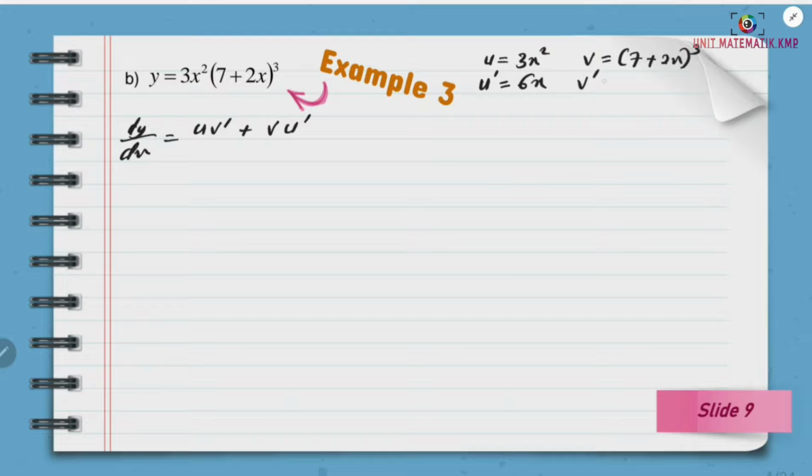Differentiate v, or v prime, equals, the power is 3 times (7 + 2x), the power 3 minus 1 is 2, times the bracket differentiated, 2x is 2. And we write 6 times (7 + 2x)². Now we cross multiply.